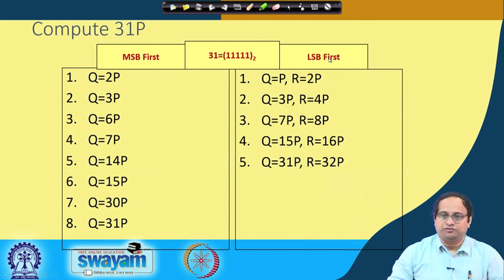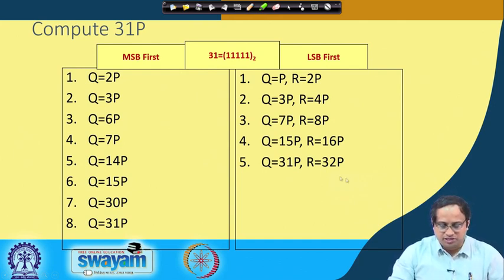But when you are doing LSB first, you can do the addition and doubling in parallel. So you can do it in a lesser number of clock cycles, or lesser number of steps. But both of them will give you the correct result, and therefore your choice can be influenced depending upon the context.